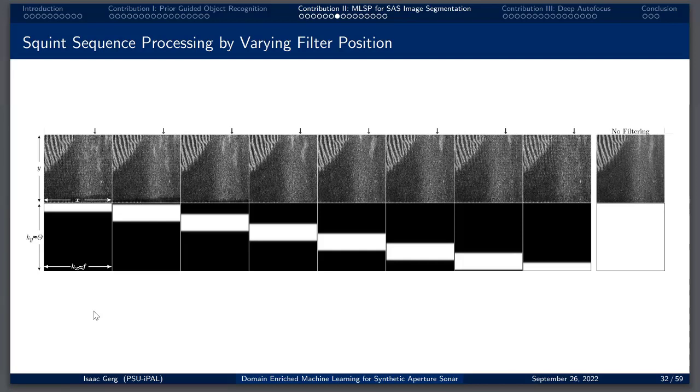So now I'm able to discern two things. One, if there's motion during the synthetic aperture sonar collection, which might obscure the seafloor, I can now kind of tease that apart a little bit. And two, any kind of acoustic shadowing that might occur, I'm able to really see where those dependencies show up in the data because I'm able to highlight them through this process.